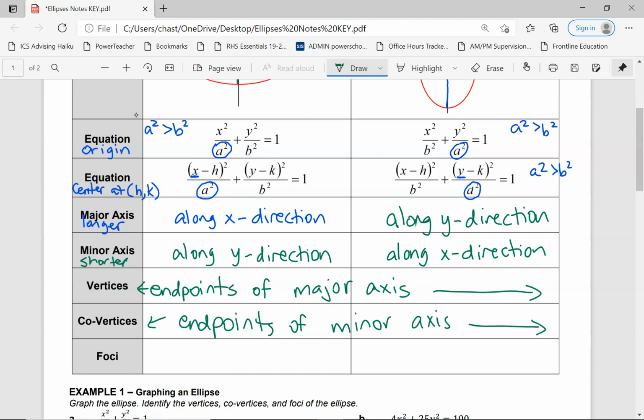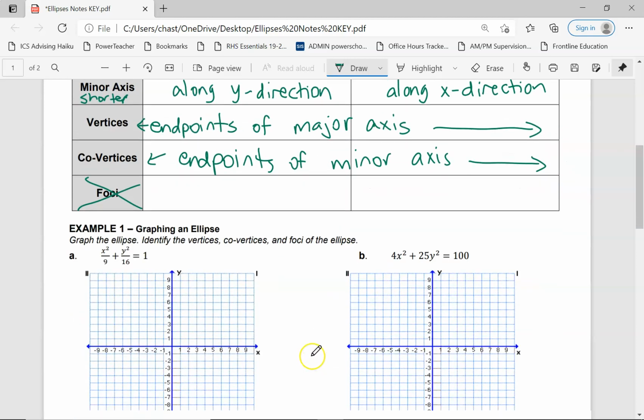That'll be in both situations. And we are not going to worry about foci. If you want to study this in more detail, maybe in college or in calculus or somewhere else, that is fine with me. But we are not going to study the foci here.